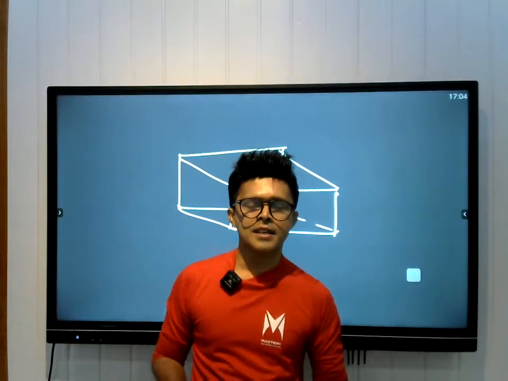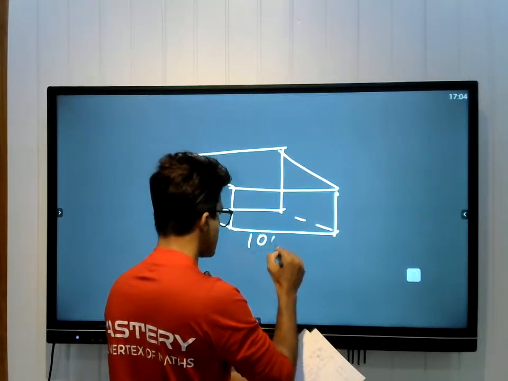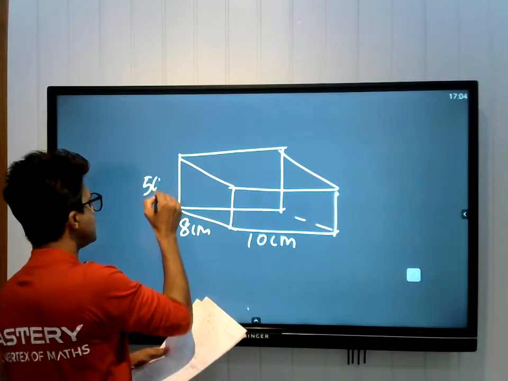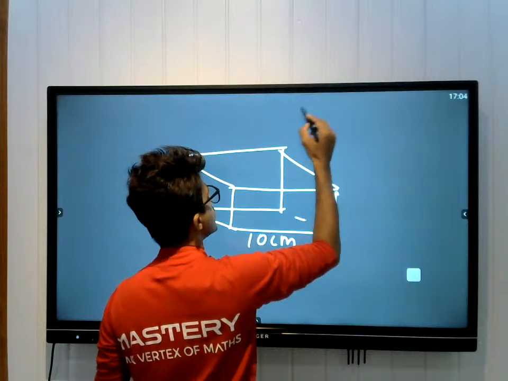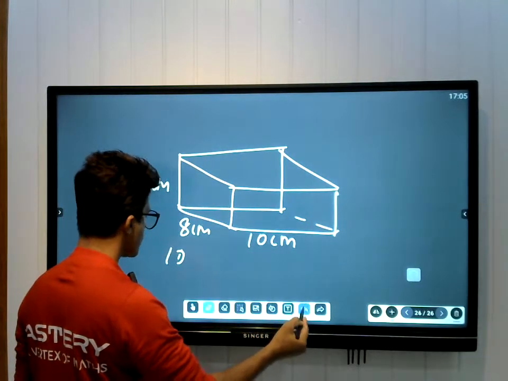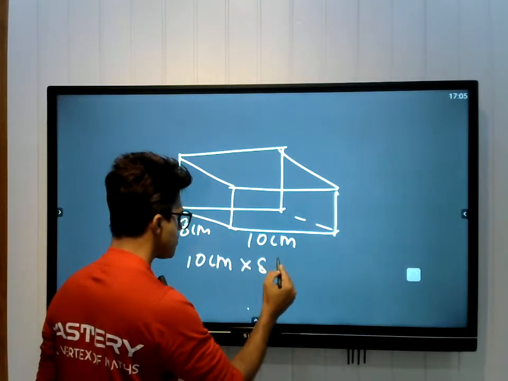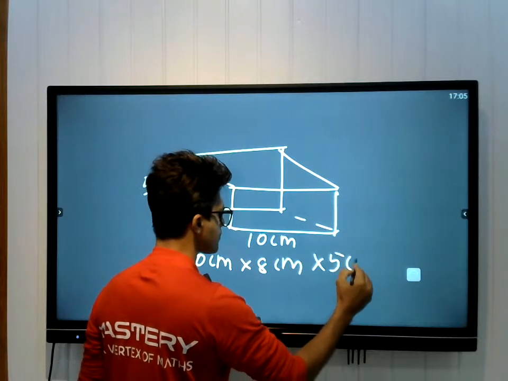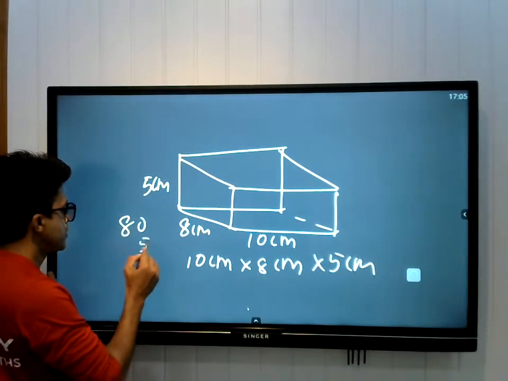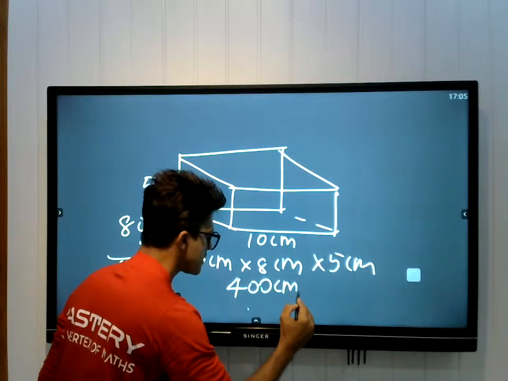19th question, this type of one, you have to find the capacity of this container in milliliters. We have been given the length at 10 cm, the breadth at 8 cm, the height at 5 cm. Let's calculate the capacity. You need to multiply all these values, length into breadth into height. So 10 cm into 8 cm into 5 cm. 10 into 8, 80 times 5, 400 cubic centimeters.